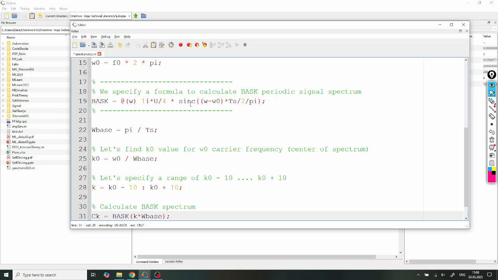So it would be actually a good idea to specify here that it's this omega. Or we can say omega difference.